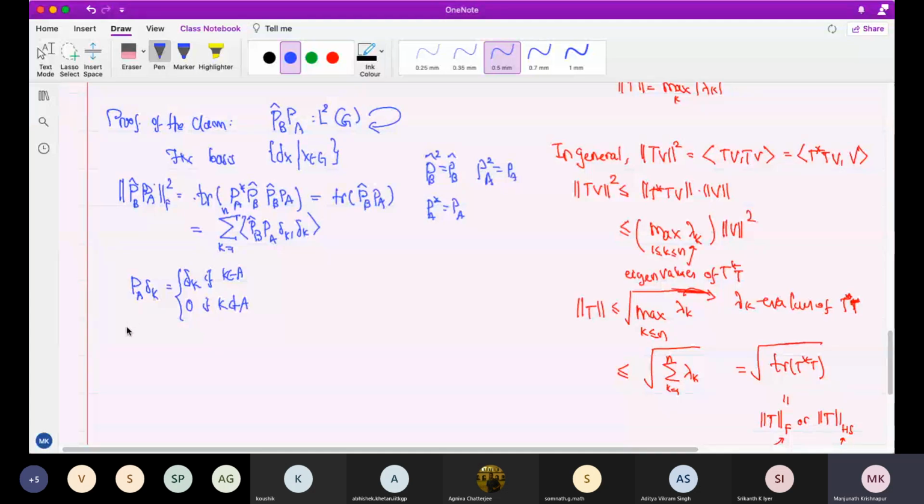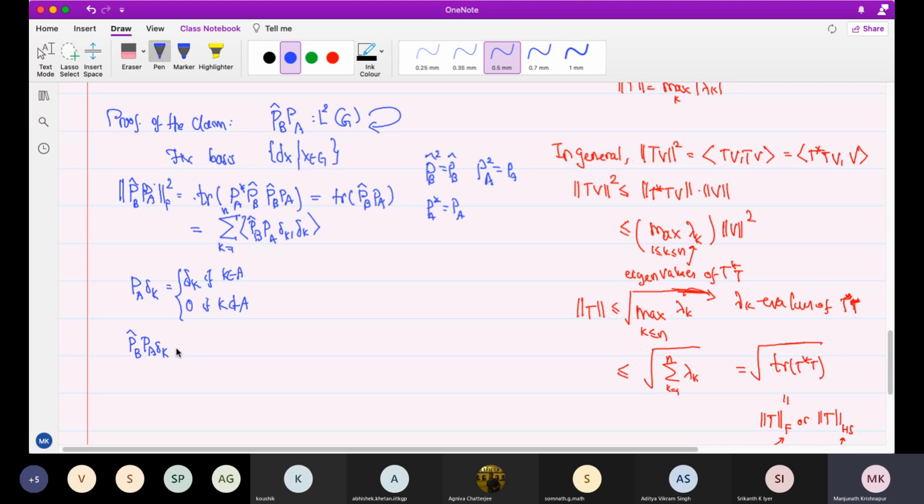Now we have to take the P_B hat of this. What does this mean? And the inner product with delta K means the, yeah, one second, I'm getting confused.